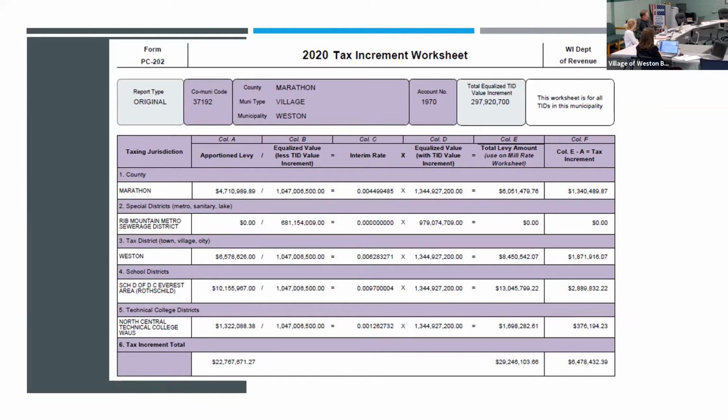Then, minus the base value, you end up with how much of that is growth. That growth, the 6.4 million on the bottom, is what we receive in TID increment. That's what flows into the TIF funds that we are able to expend. And this is just for 1 year, so this happens every year.